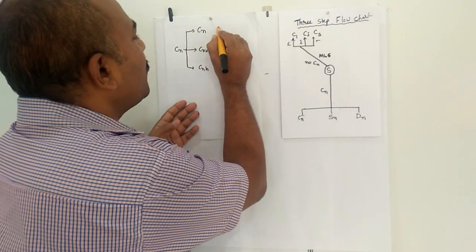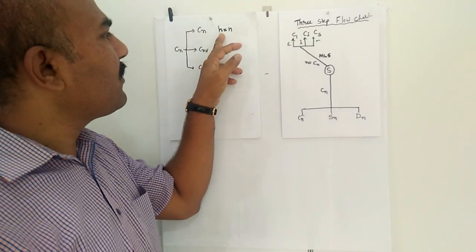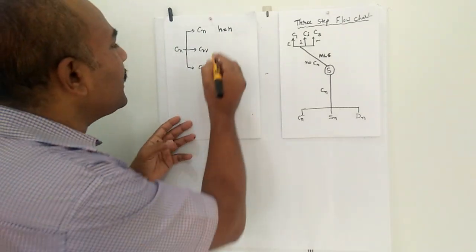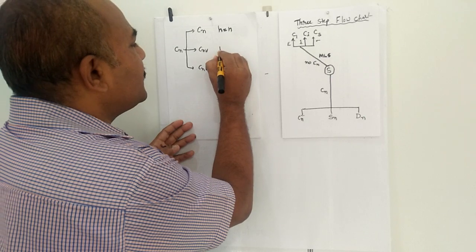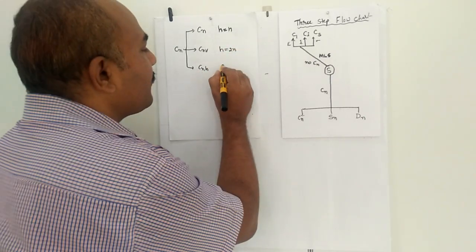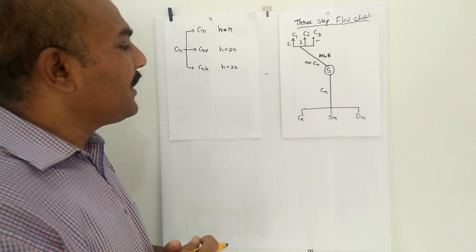Here the order of the group h is equal to n. That means the total number of elements is equal to the order of the rotational axis. Here the order of the group h is equal to 2n. Here also the order of the group h is equal to 2n. So we will go and find out the examples.